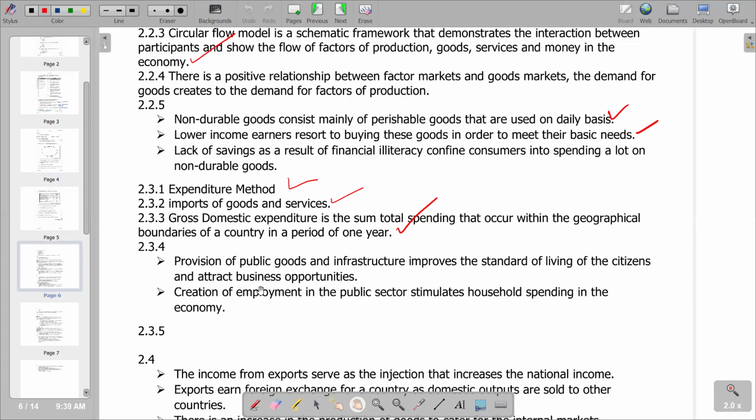It's the workers that are going to work there. They are obviously going to stimulate demand, as they are going to earn income from those job opportunities that will be there. So basically, this is what we have on the second point. So we have 2.3.4. So moving on to the next part of our question.